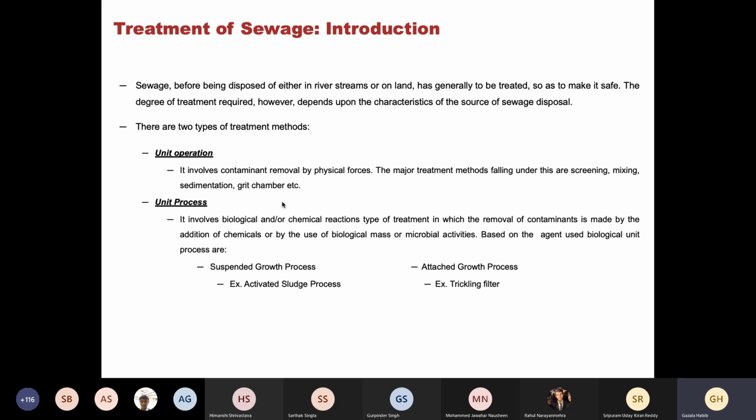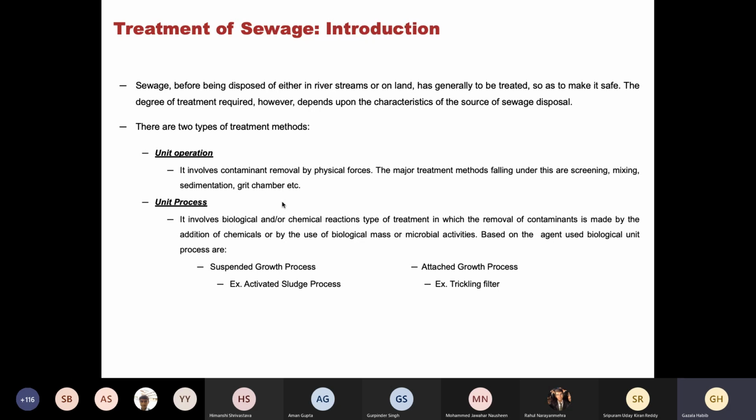Now, you can further categorize the treatment processes into two types: unit operations and unit processes. Unit operations means all the physical modes of treatment, while if chemical or biological activities are involved, then it falls under unit processes.